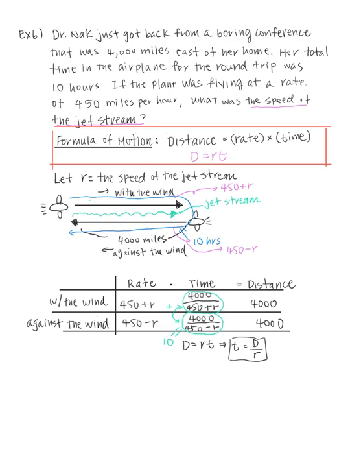So going with the wind, it took me 4,000 all over 450 plus r many hours. And then on the way back, it took me 4,000 over 450 minus r many hours.